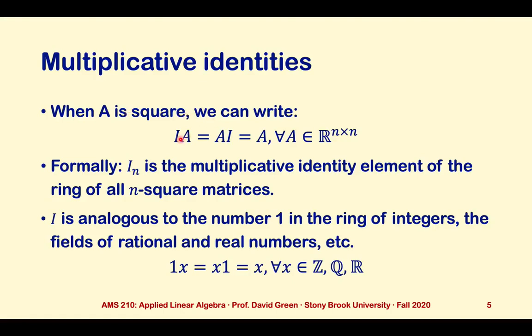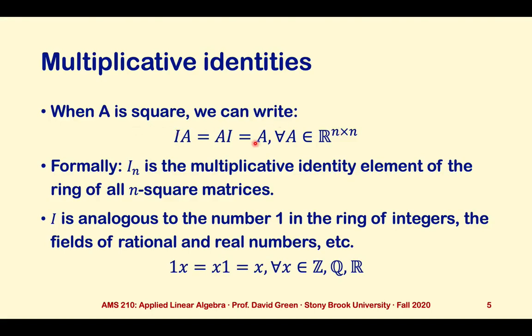We don't really need to keep track of the size of the identity matrix we're using, and we can simplify this as I times A equals A times I equals A for any n square matrix.